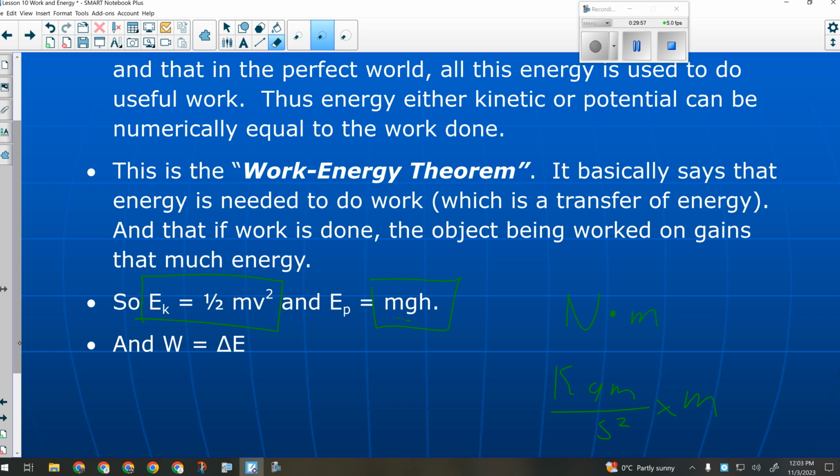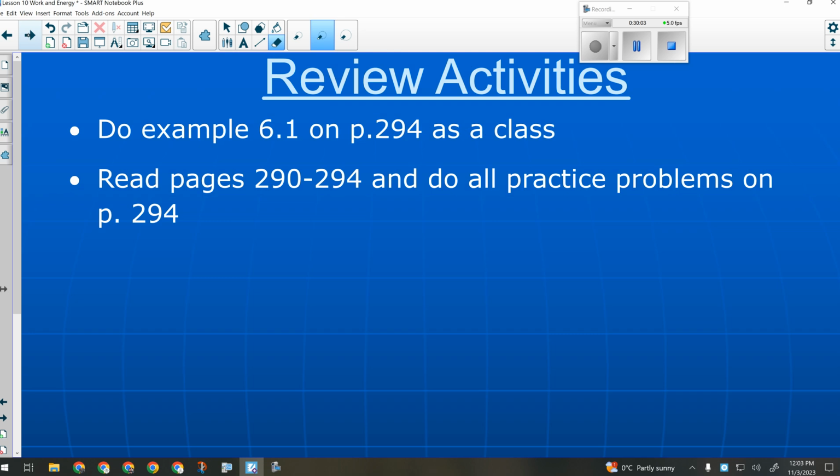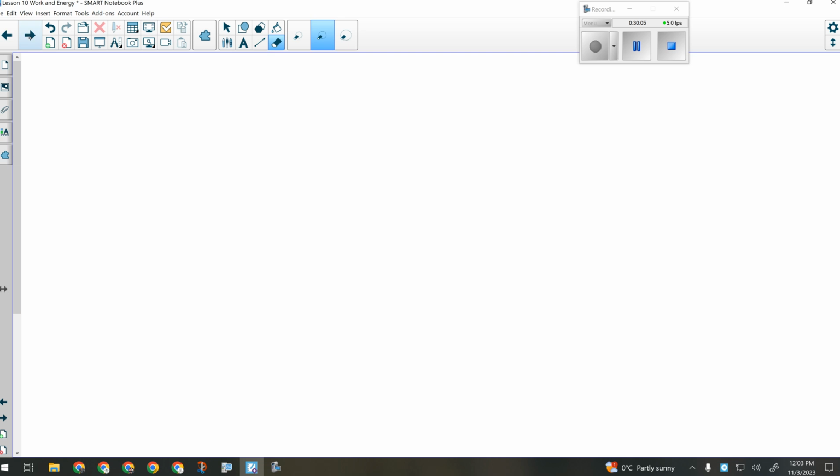Speed has a squared relationship with energy, which means when we start talking about the work energy theorem, that relationship applies to the amount of work required to stop something.